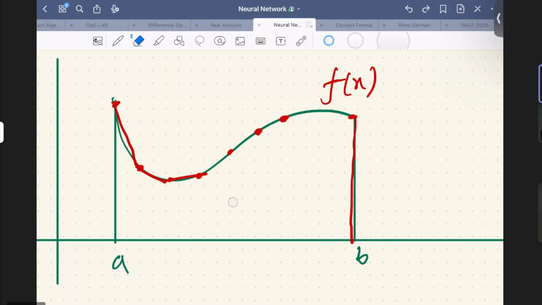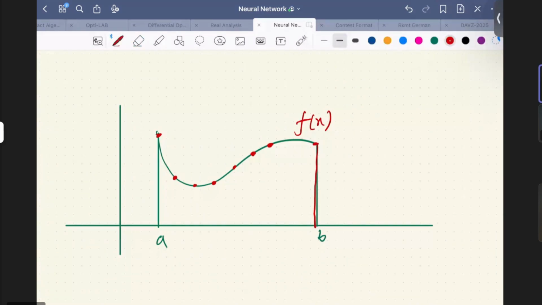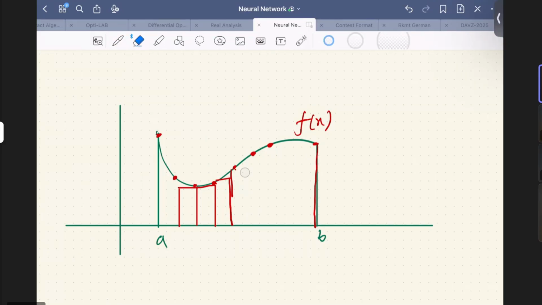Now, if I draw a rectangle everywhere, some of the rectangles may be side by side, of course.